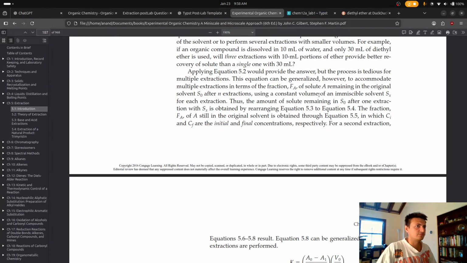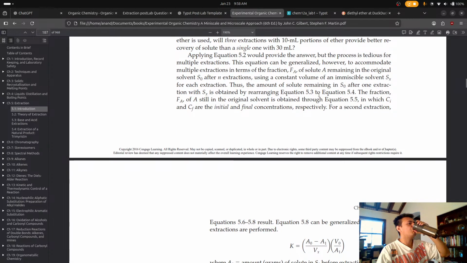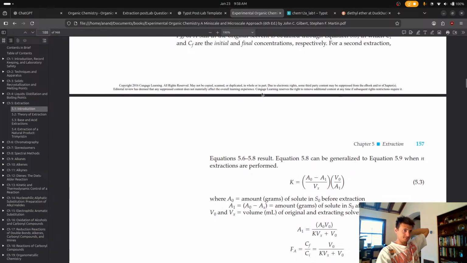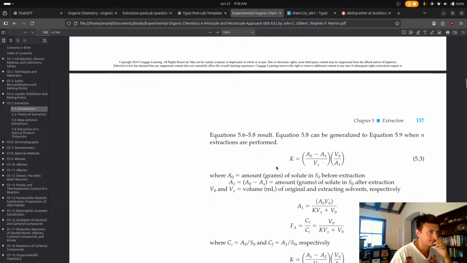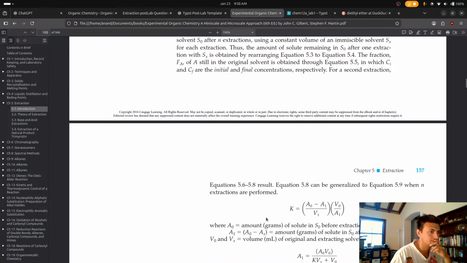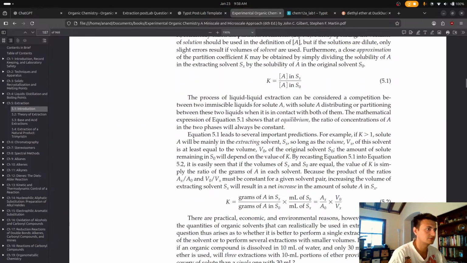The amount of solute remaining in SO. Wait, okay, let me just work through an example first of this.